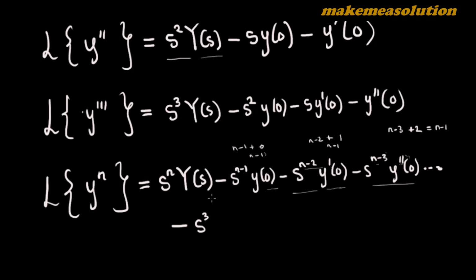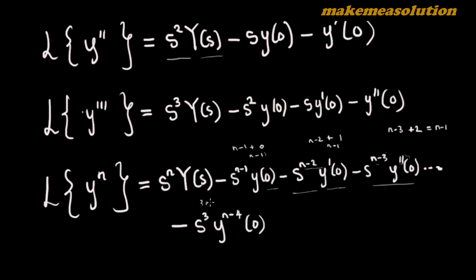Apart from the first term, every other term must have the property that the power sums up to what? N minus 1. So if I want to generate it for this particular term, s cubed, I'll now have what? Y raised to the power of what? I need something like this, n minus, that's right, 4. Good. Of 0. So that when we add these two, we'll get n minus 1.